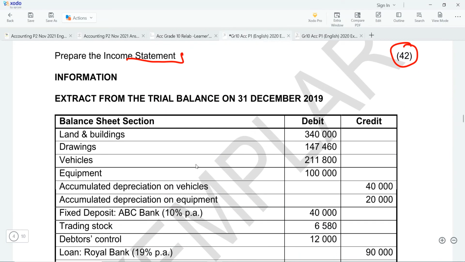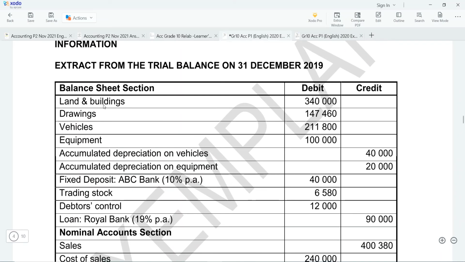Firstly, when you do the income statement, one of the things you need to be sure about is your format. You must know your format by heart. Remember, items in the balance sheet section, we use them when we prepare the balance sheet. We are only going to use a couple of accounts from the balance sheet, like your trading stock when we do the trading stock deficit, your debtors control when you update it, and also when determining the new provision for bad debts.